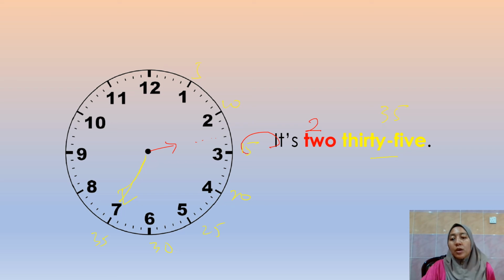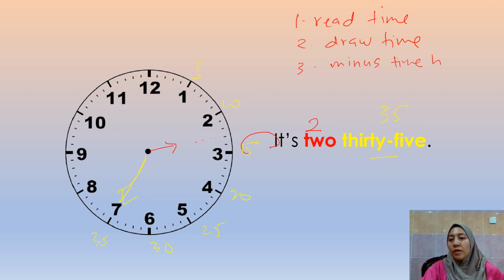So I hope you understand, first, number 1, how to read time. Then, you know how to draw time. And then you know how to minus time, how to subtract the time. For the hour, the formula is hour minus 1. For minutes, minus 15, the minutes are 60. The hour doesn't matter what number, but the minutes must be 60. For "to" only, quarter to, whereas "past" has no problem.